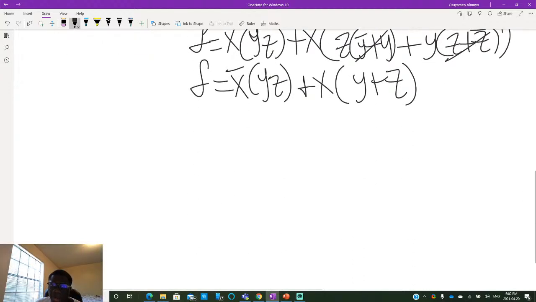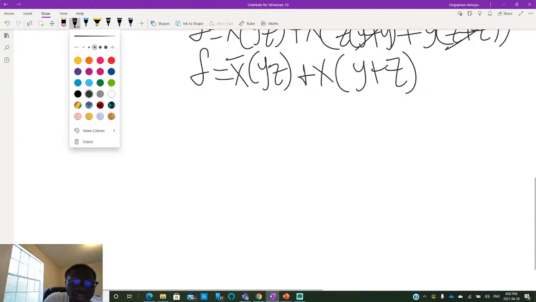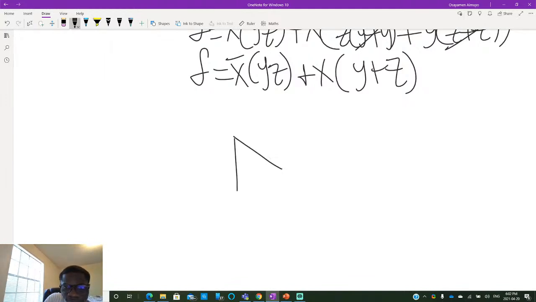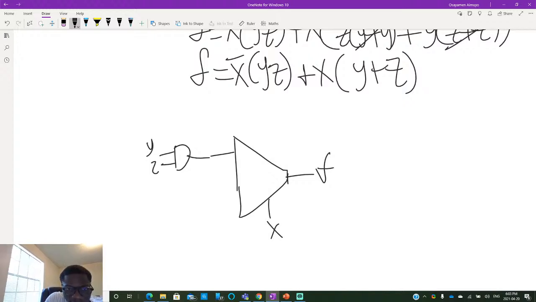So now we can draw f. And if we use x as our select line, for that we're just going to have an AND gate, and then y and z. And for here, we would have an OR gate. Okay, that was a very bad OR gate.